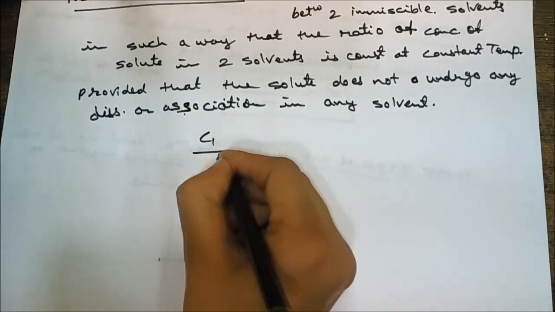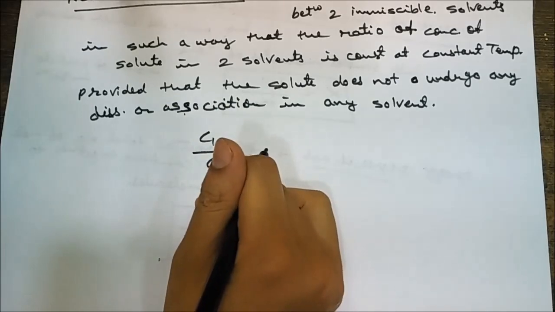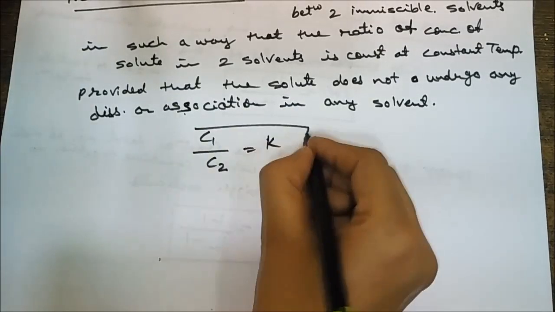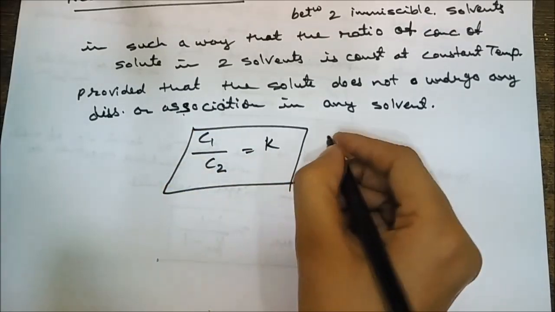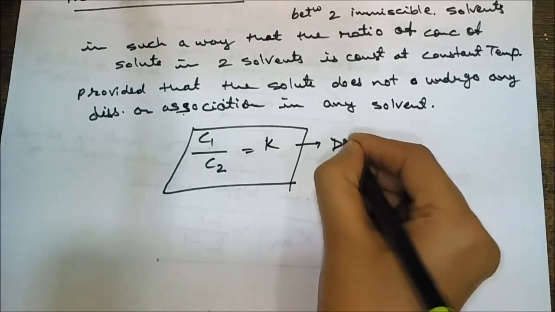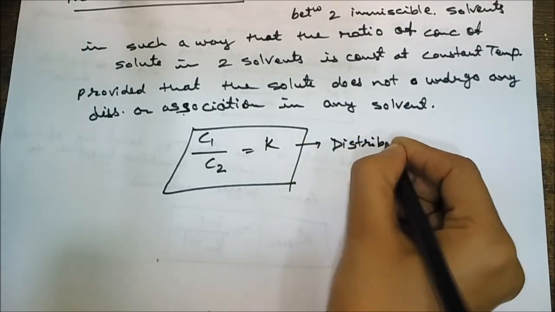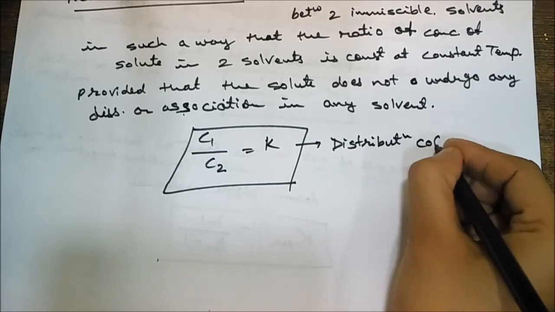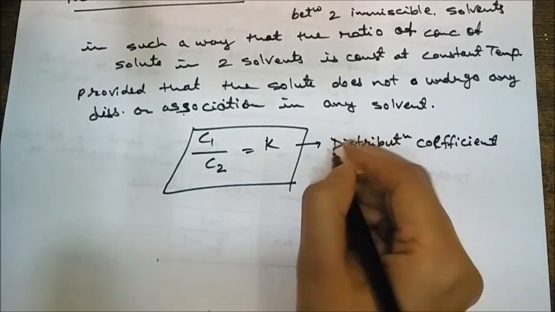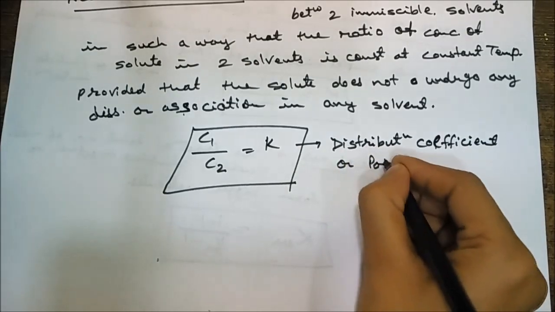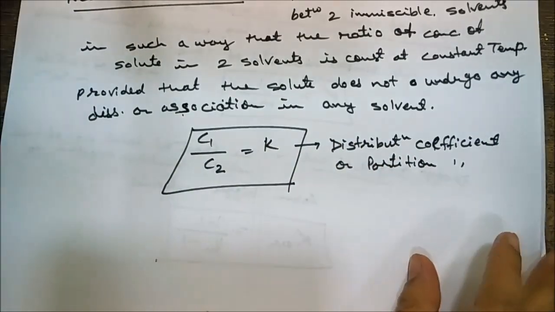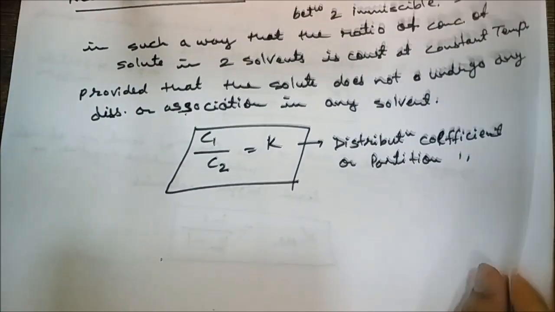So C1 upon C2, the ratio of concentrations of the solute, is equal to K. This K is the distribution coefficient or partition coefficient. This is the Nernst distribution law.